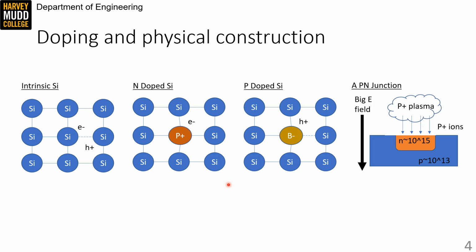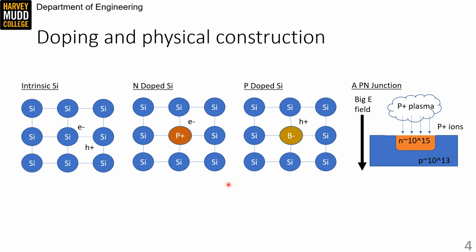So they've just got an electron to spare that becomes a free electron. The fixed phosphorus ion that is left behind in the lattice has a net positive charge because it's lost one of its electrons, which is now free. Silicon with sufficiently many phosphorus atoms in it is called N-doped, where the N stands for negative charge carriers.